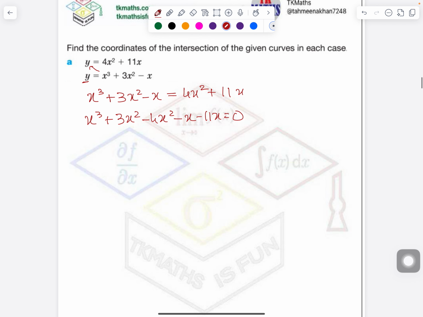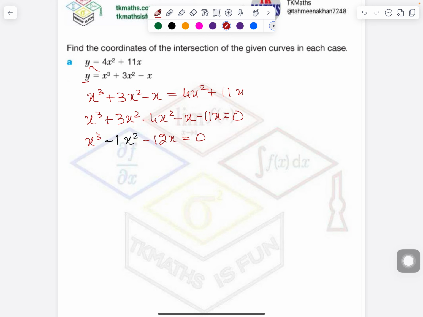So what will I get now? x cube minus... plus 3 minus 4 is minus 1, right? Minus 1 x square, by mistake the color changed, 12x.